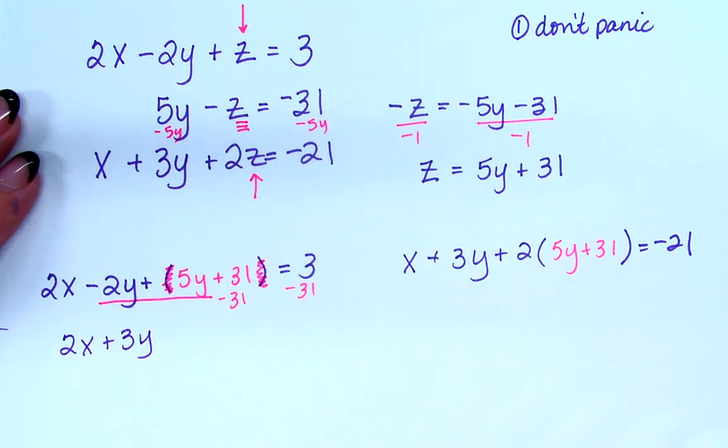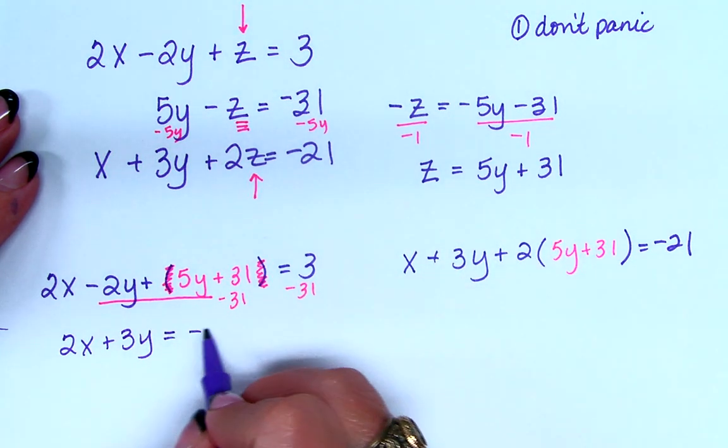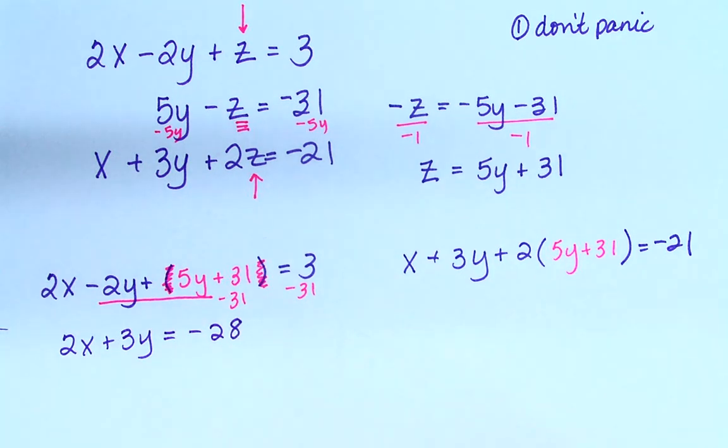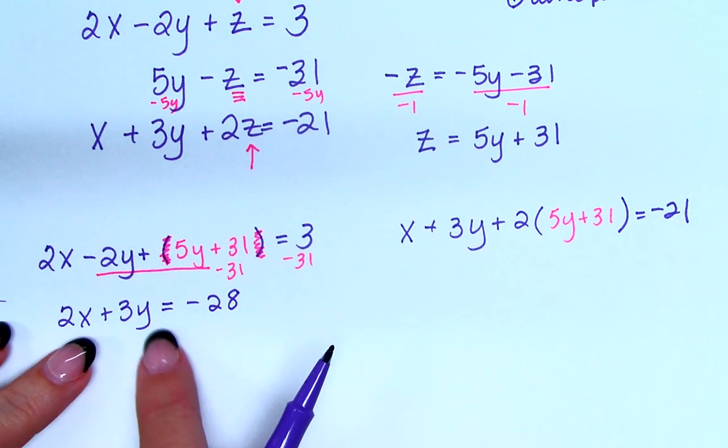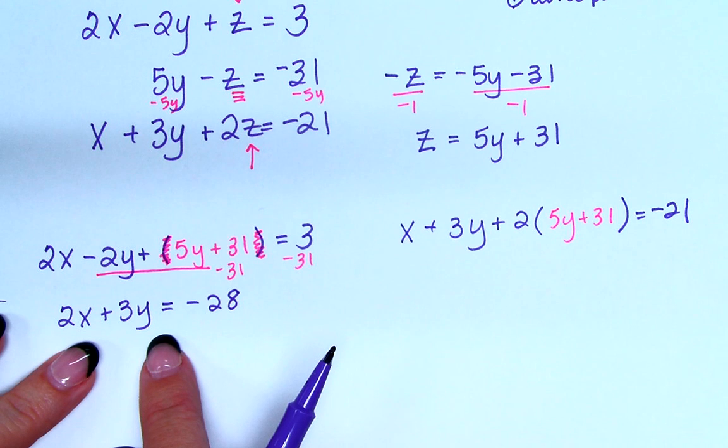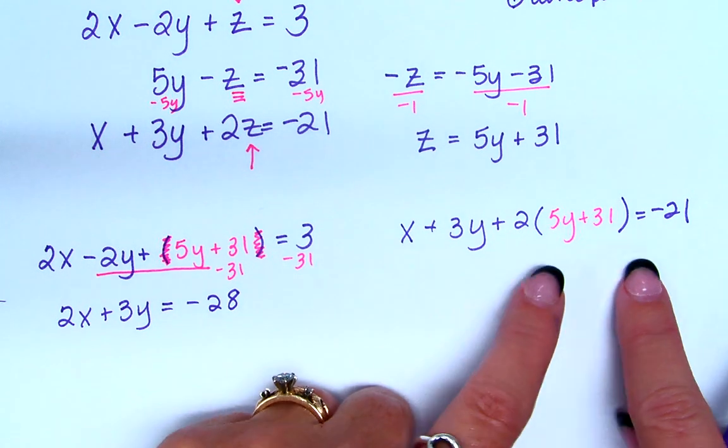Subtract it, right? Equals negative 28. Everybody okay so far? Okay. Is there anything else I can do with this equation? No, right? So I need to leave it alone for a second and come over to this one.